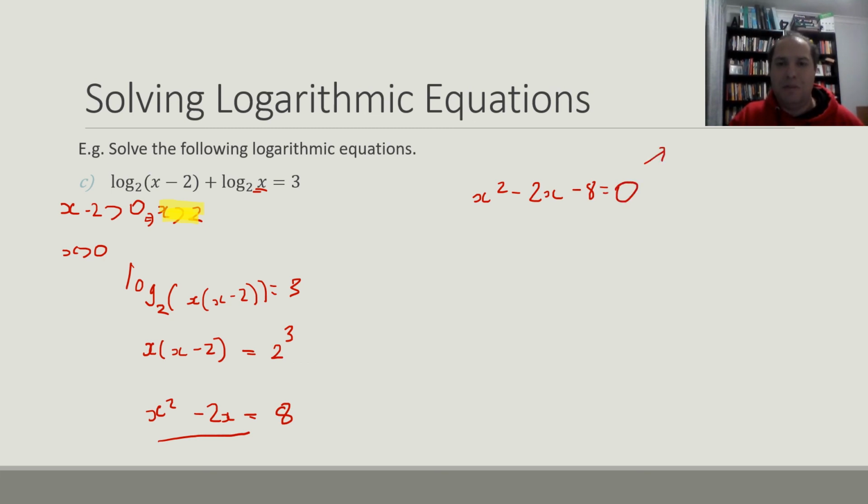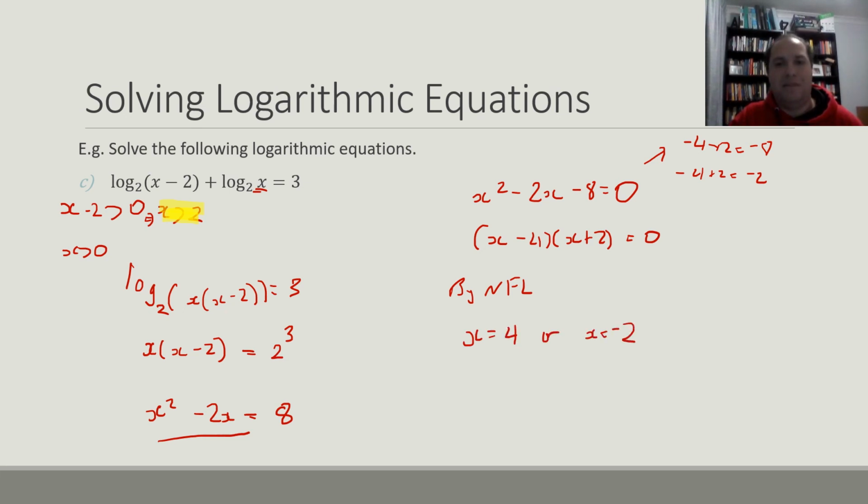Our two numbers will be negative 4 times 2 gives negative 8, and negative 4 plus 2 gives negative 2. So we can factorize that to (x minus 4)(x plus 2). By the factor law, x minus 4 equals 0 or x plus 2 equals 0, and then x equals 4 or x equals negative 2.